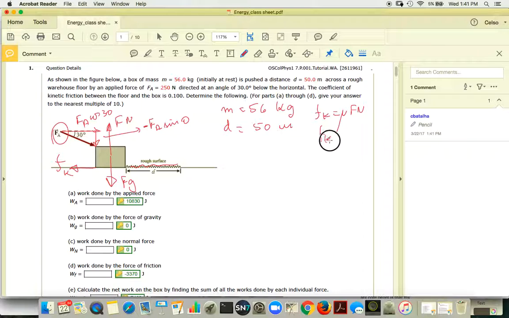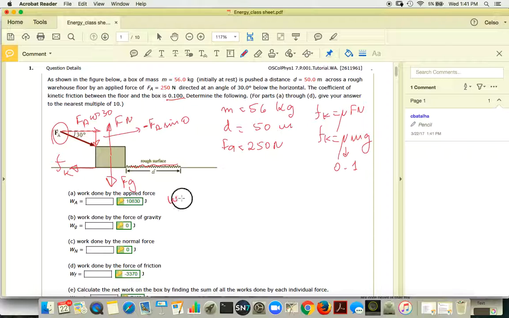In this case, we are dealing with a flat surface, so normal is mg. What else? Fa is given, magnitude 250 newtons, and the coefficient of kinetic friction is also given, 0.1.